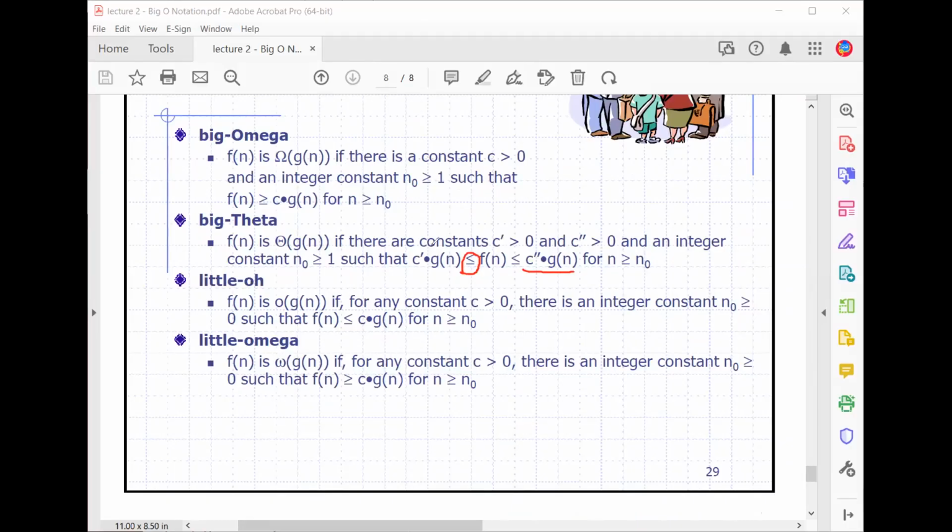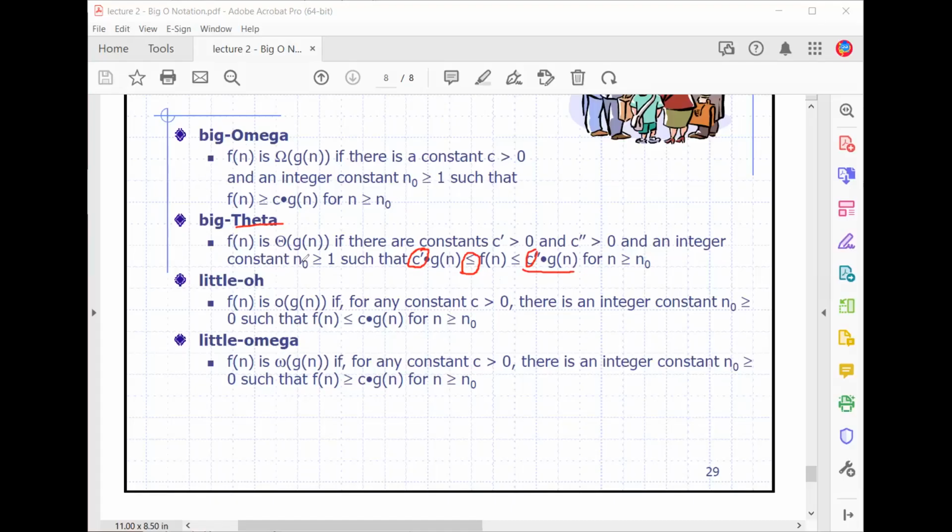What is different? The constant is different. Remember, I told you the one on top will be one constant and the one underneath is another constant. So big theta is when you are bound by the same function. Your best case and worst case is the same function. That's big theta. Okay? Little o, right?